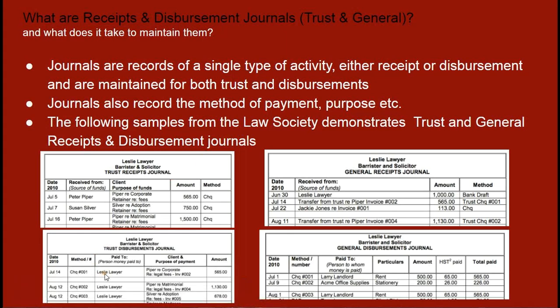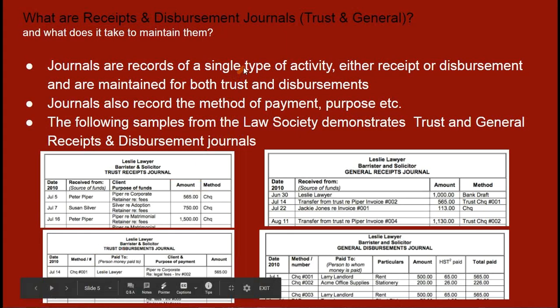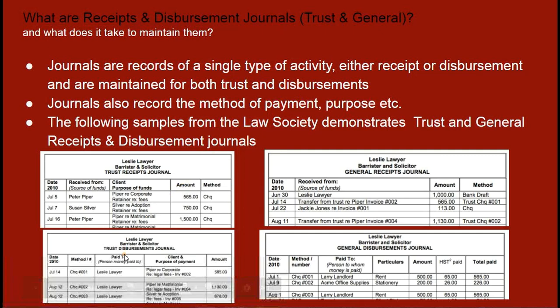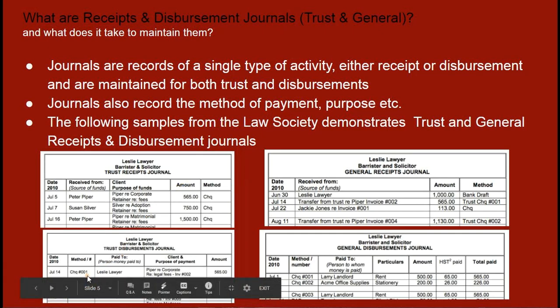Assuming Leslie Lawyer is the actual owner of this legal firm, you can clearly see that the legal firm wrote themselves a check, a trust check, that then they encashed. And the check number was 001, and that went against that legal invoice 002, which was for 565.